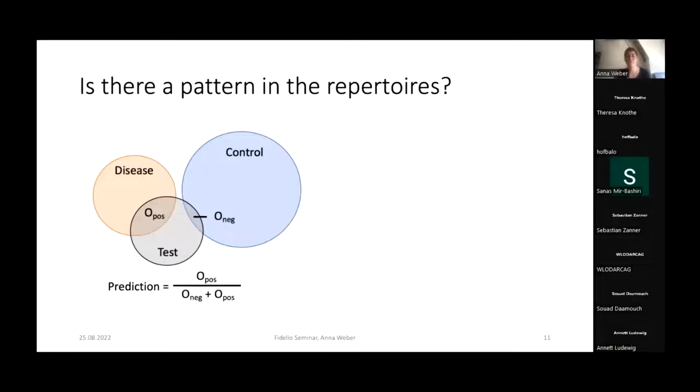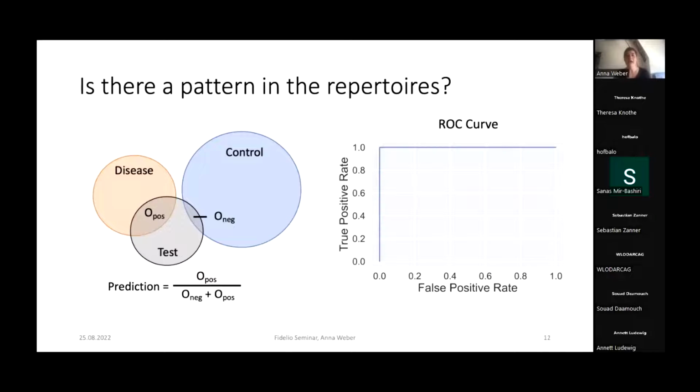And if the patient has more sequences in common with the controls than the disease, then it's supposed to predict that it's also a control sample. So very, very simple, just looking at identical sequences in the repertoires. And I got a perfect result. So it seems that it's really, really simple to classify the patients based on overlapping sequences.